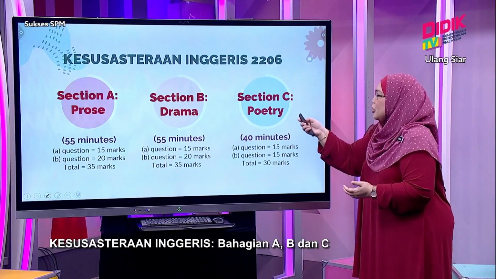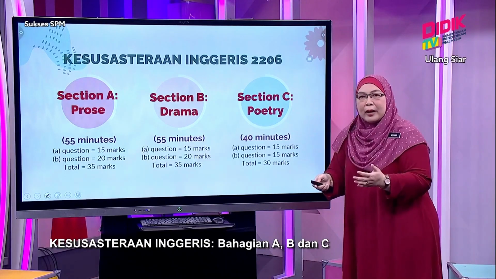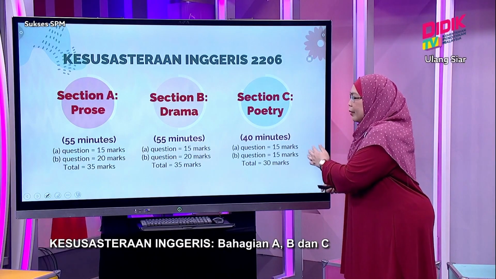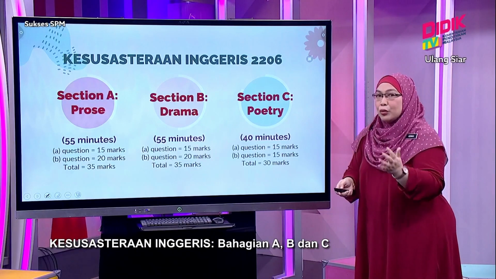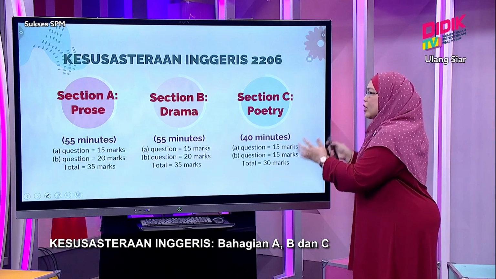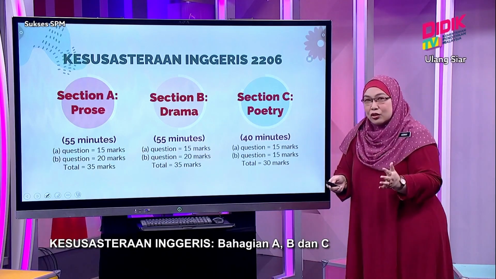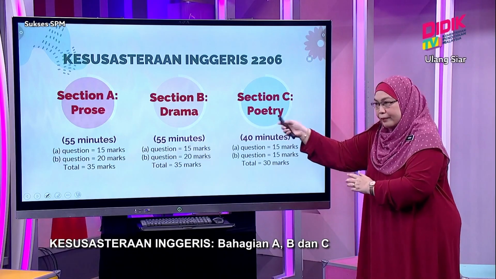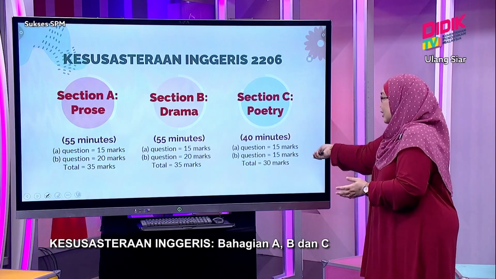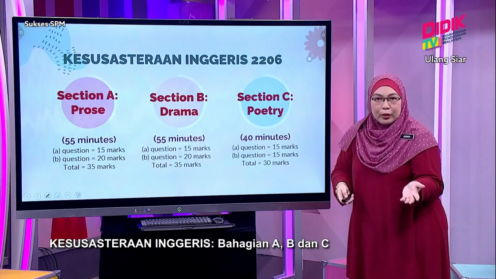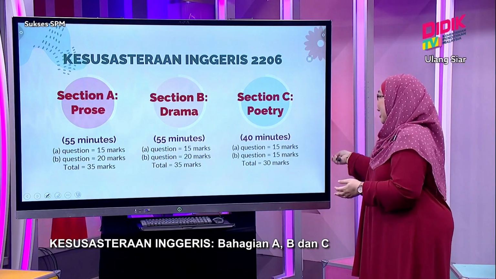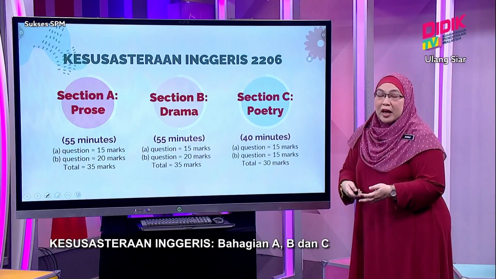All right, so section A and section B, prose and drama, what is similar between the two is the fact that they are both made up of 2 questions, 15 and 20. So we would like to suggest candidates out there, please ensure you take about 50 to 55 minutes each as you go through prose, and as you go through drama. And then when you get to section C, as you can see here, it's 20 minutes each perhaps, because both questions, the question A and B, is valued at 15 marks each.